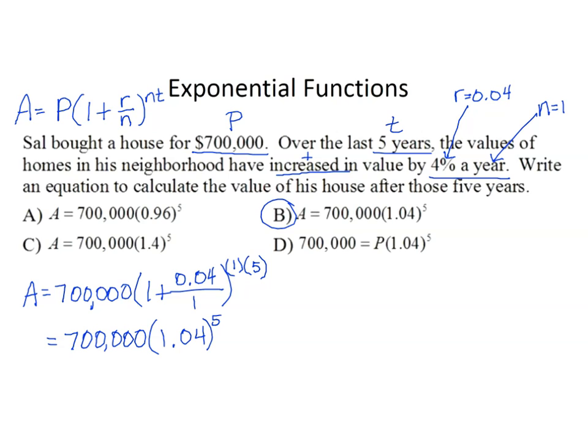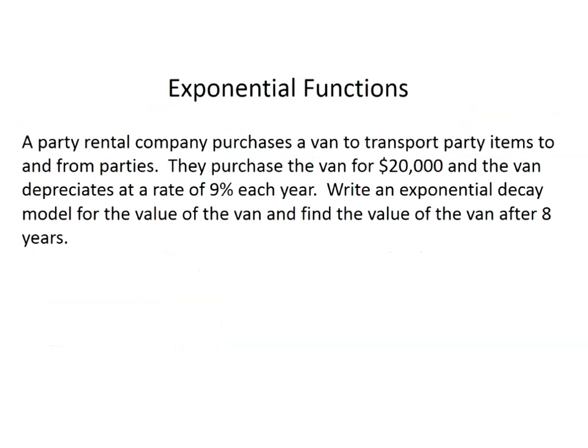Be very careful not to pick this one, because remember, 4% means 0.04. This one over here would be 40%. 0.4 is 40. So make sure you have correct decimal placement when you do these, when you're converting from percent to decimal. Okay, next one.